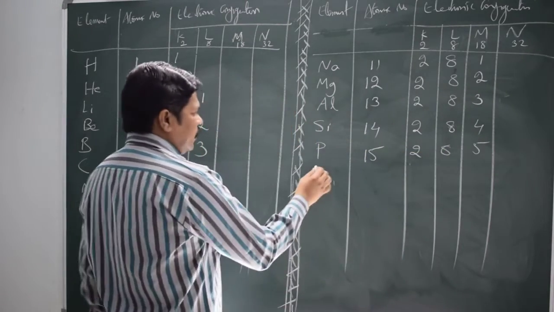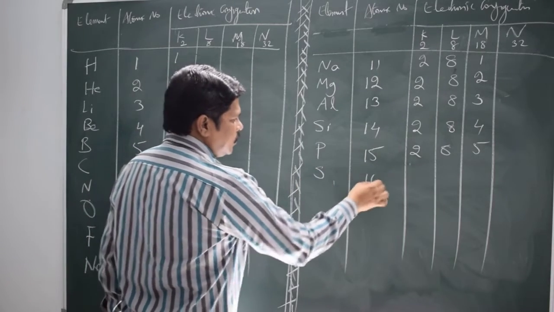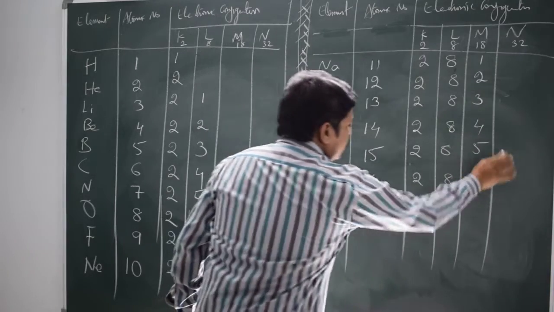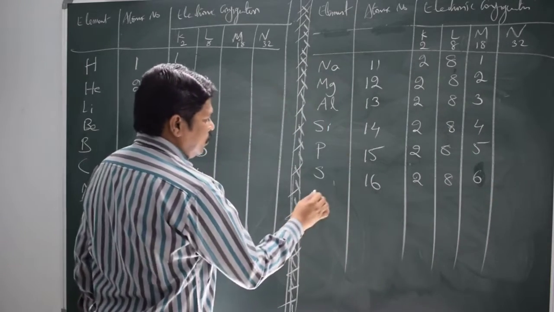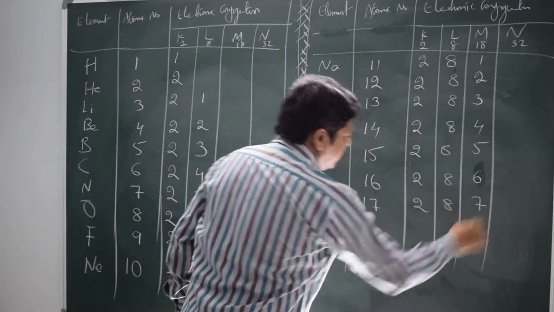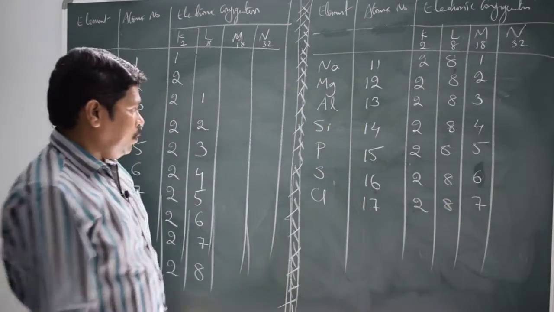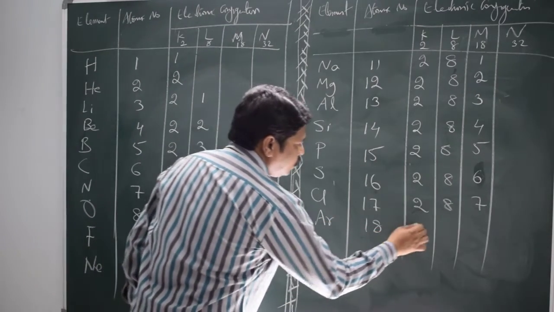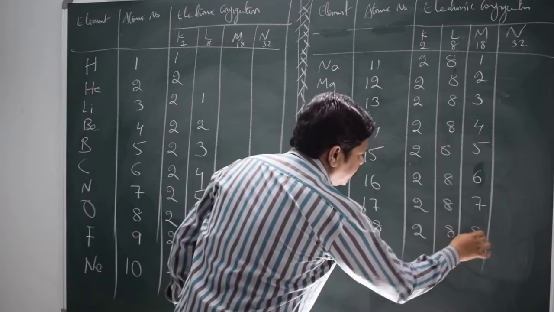Then we have sulfur, 16: 2, 8, 6. Then we have chlorine, 17: 2, 8, 7. Now we are coming to one more inert gas, argon, 18: 2, 8, 8.